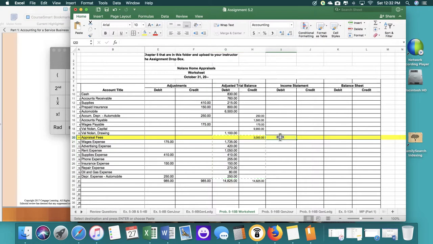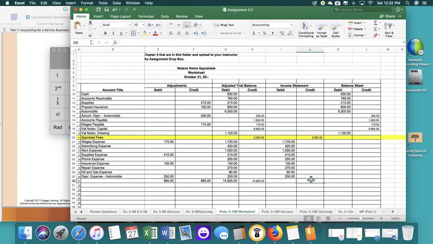So you can just copy and paste, so that way you don't have to worry about transposing any numbers. Cash down through drawing goes on the balance sheet. Again, copy pasting so you don't have to worry about balances.